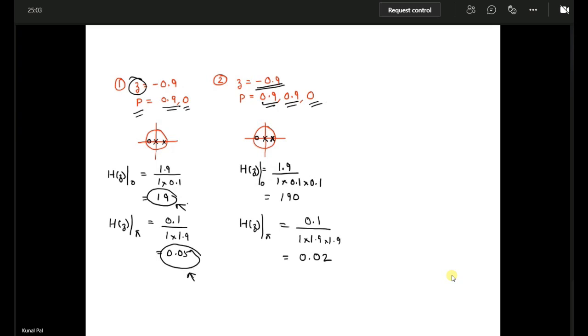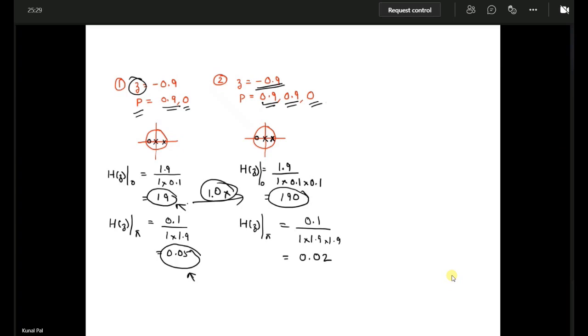Okay. In the second case, if you see the amplitude response at the DC frequency, it has increased multifold. So 190. So there has been an increase in the gain of 10 times. Okay.